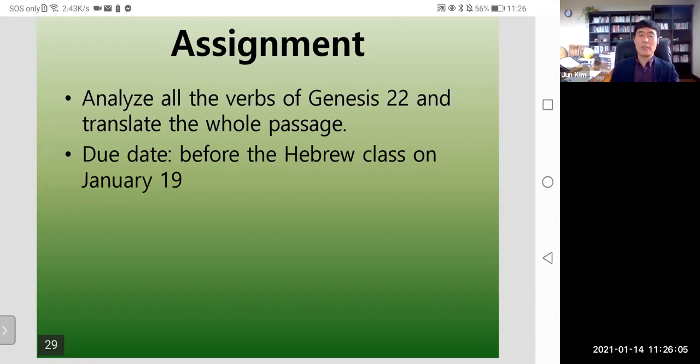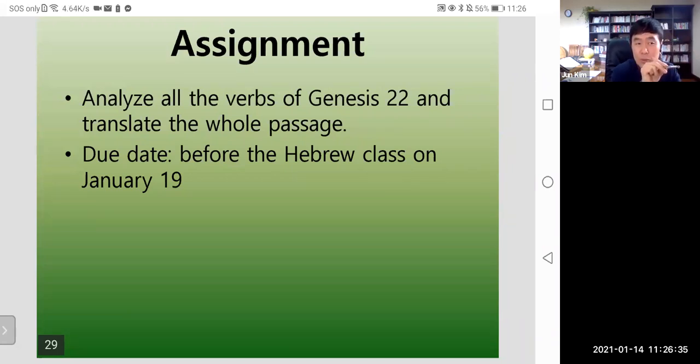What I'm expecting is that you find all the verbs and then put the emphasis of the verb the way you did in Hebrew 1 and 2, but indicate which verse has this verb. So in the beginning, before the table, you can start with the verse number, verse 1, and then however many verbs it has, say three verbs, just put them in order.